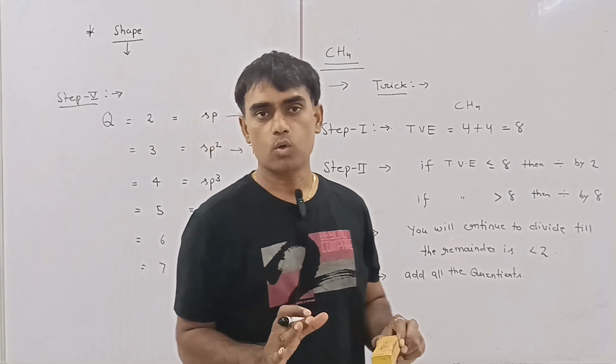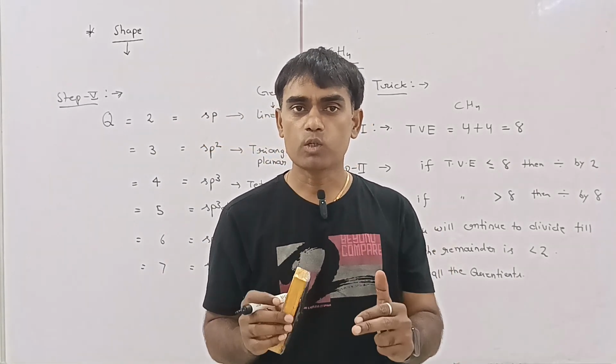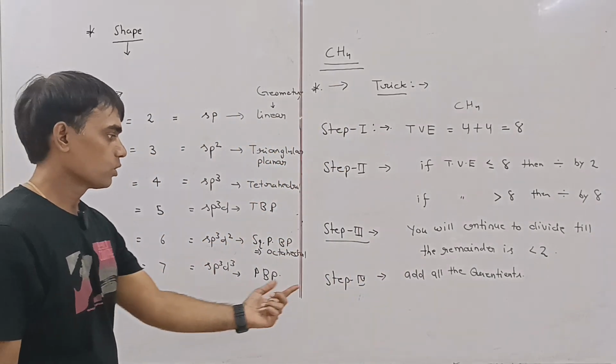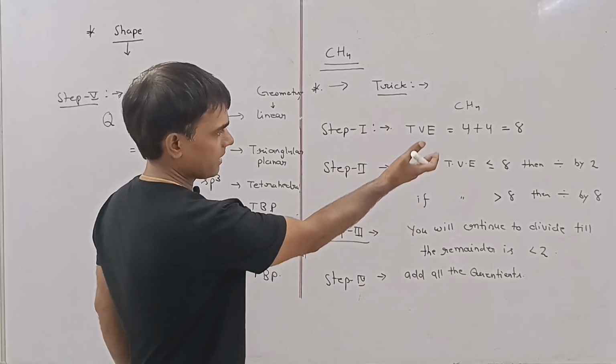This is the case. Now unless you are able to find the quotient, you can't determine the type of hybridization. So first of all, you have to find the quotient. Let us take this example.